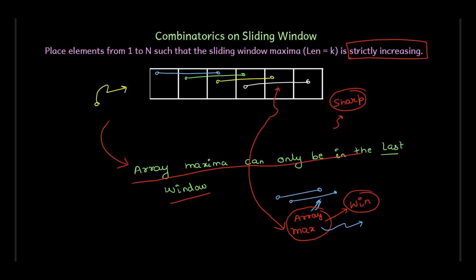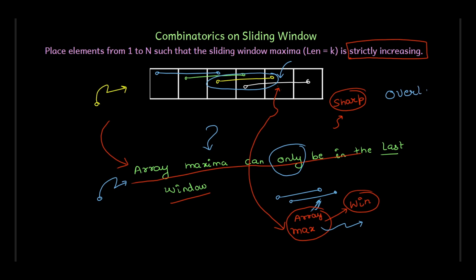The proof is that, suppose this maxima was indeed present over here, then this maxima is now included in this yellow window as well. This means that the statement has become wrong, because the statement said that the array maxima should only be present in the last window, which means there should be no overlap.